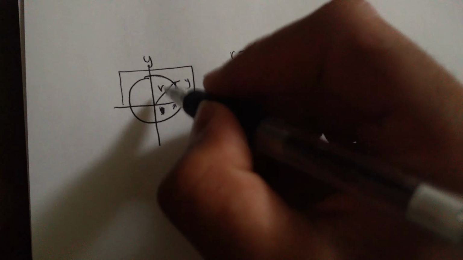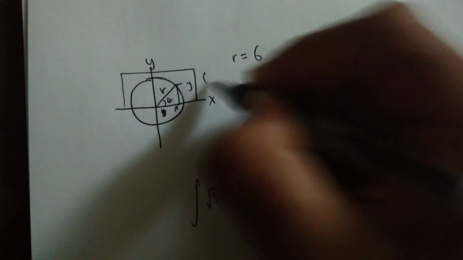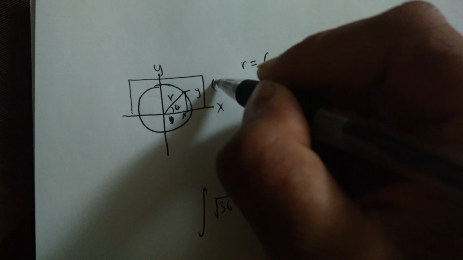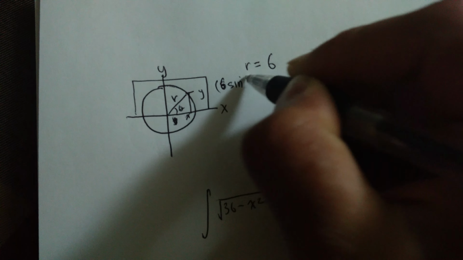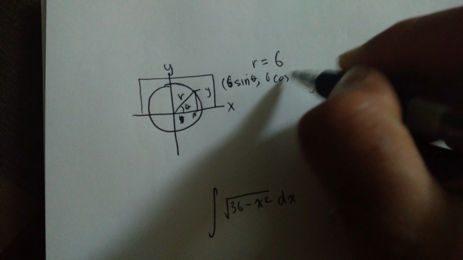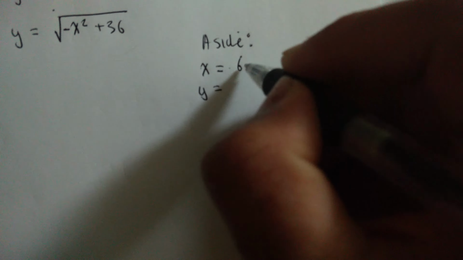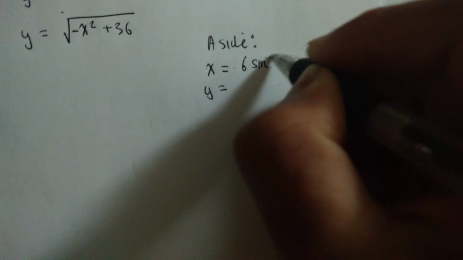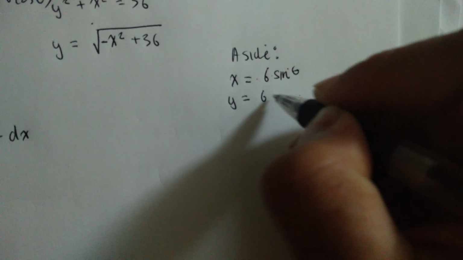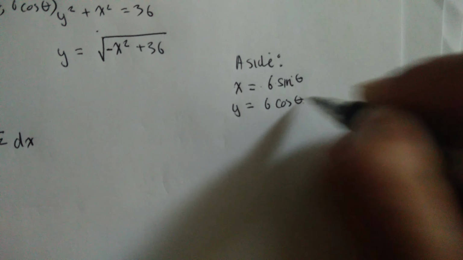So if this is theta, then the coordinates for that point are 6 sine theta, 6 cosine theta. Therefore, x is equal to 6 sine theta and y is equal to 6 cosine theta.